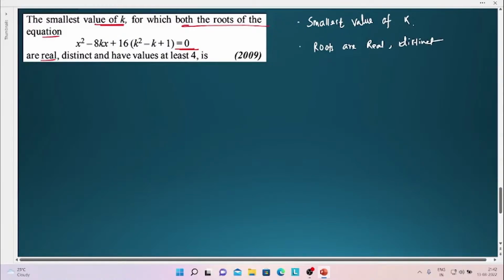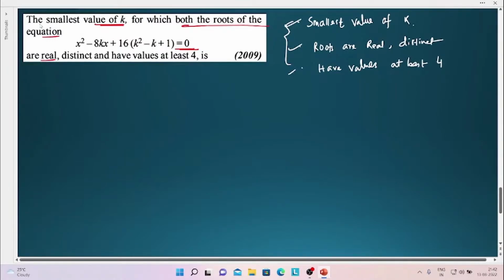And the third point is and have values at least 4. So there are basically 3 main conditions, and also the given quadratic equation, right?